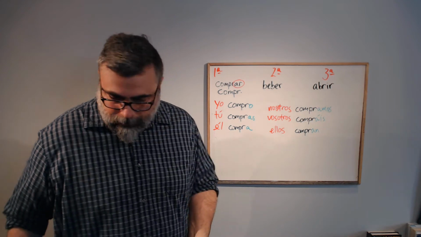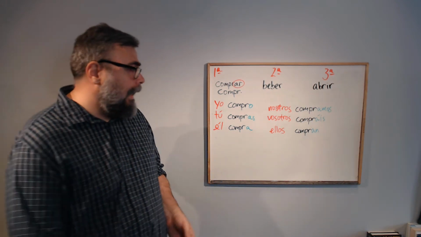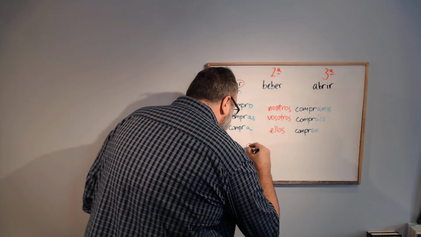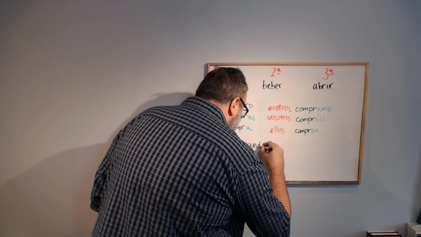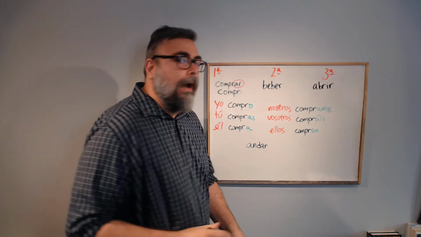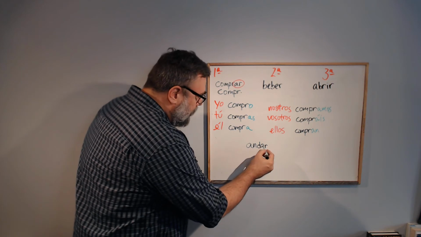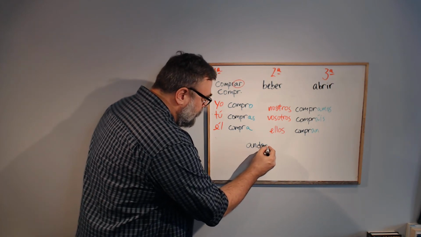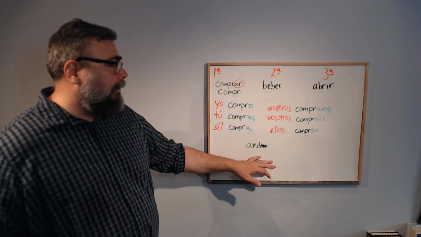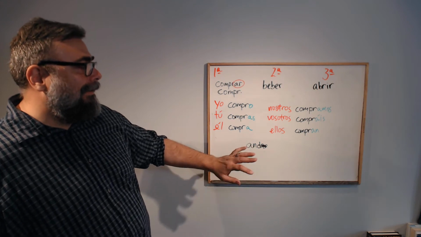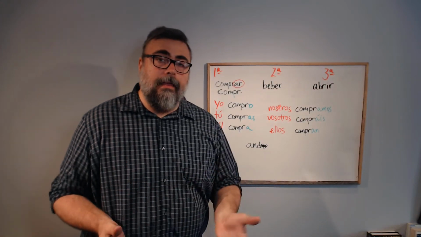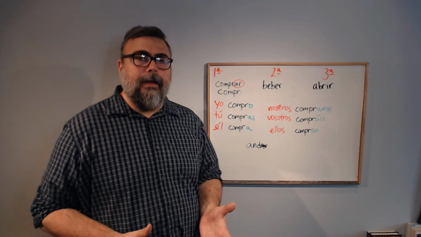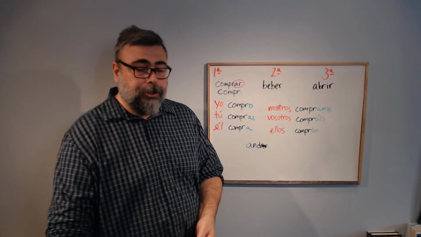Andar is a good one, because andar, which is another word for to walk, only has 3 letters, right? Once you get rid of the AR. So ando, andas, anda, andamos, andáis, andan. And then you apply that to any AR verb that you wish.